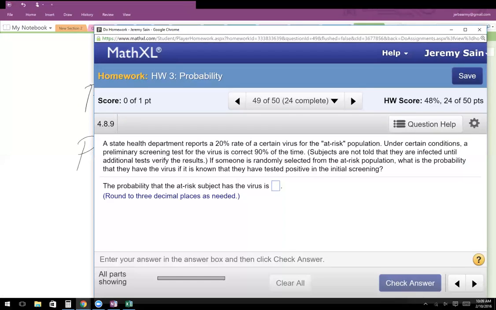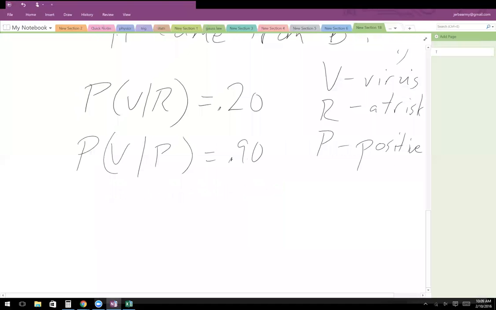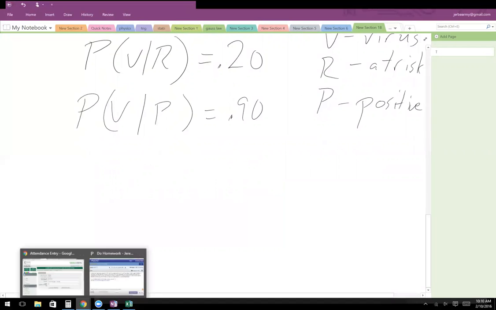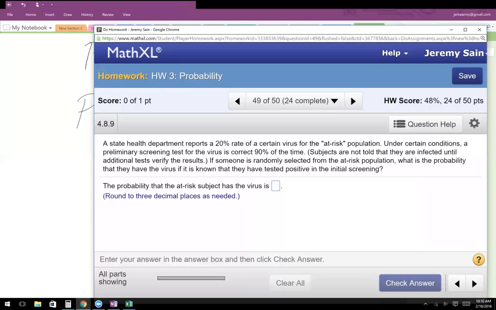All right. It says if someone is selected from the at-risk population, what's the probability that they have the virus if it's known they have tested positive in the initial screening? Wait, did I read that right? Oh, crap.